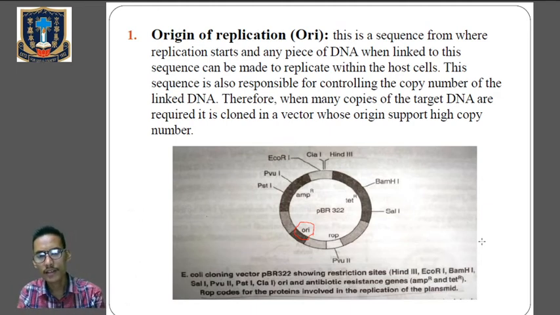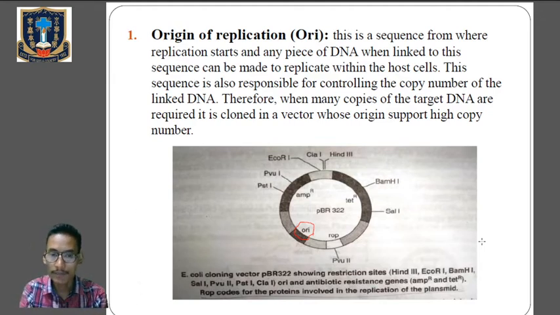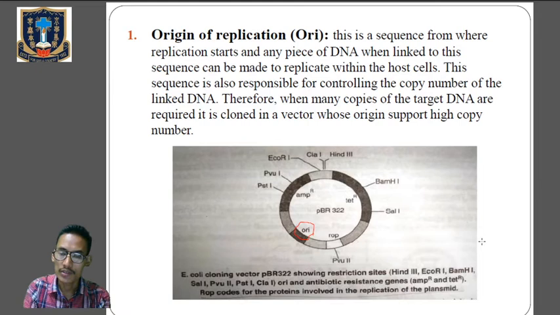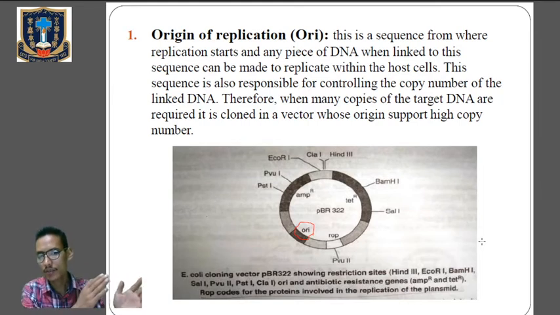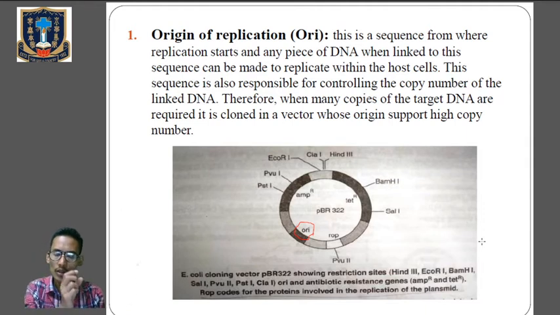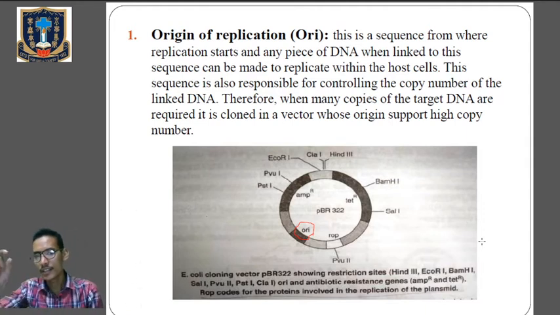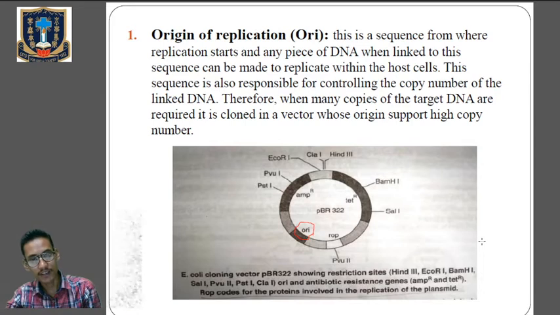The ORI site is the sequence from where the replication starts, and any piece of DNA when linked to the sequence can be made to replicate within the host cells. Simple. We will take the gene of interest from the foreign DNA and insert that foreign DNA having the gene of interest into the vector DNA.